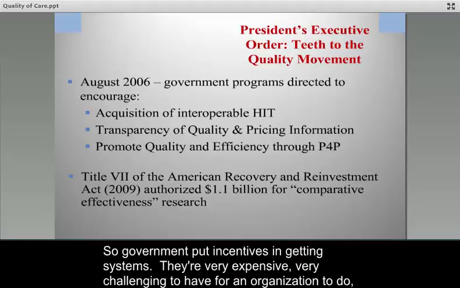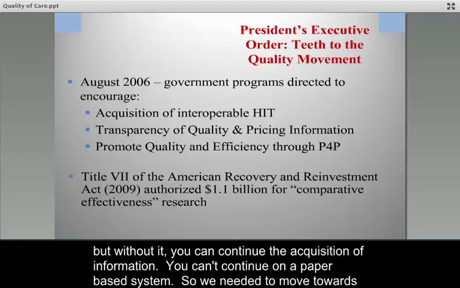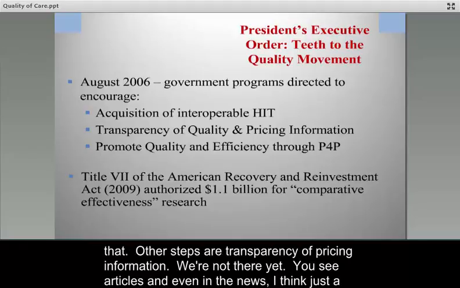So government put in incentives to get systems. They're very expensive, very challenging for an organization to do. But without it, you can't continue the acquisition of information. You can't continue on a paper-based system. So we needed to move towards that.